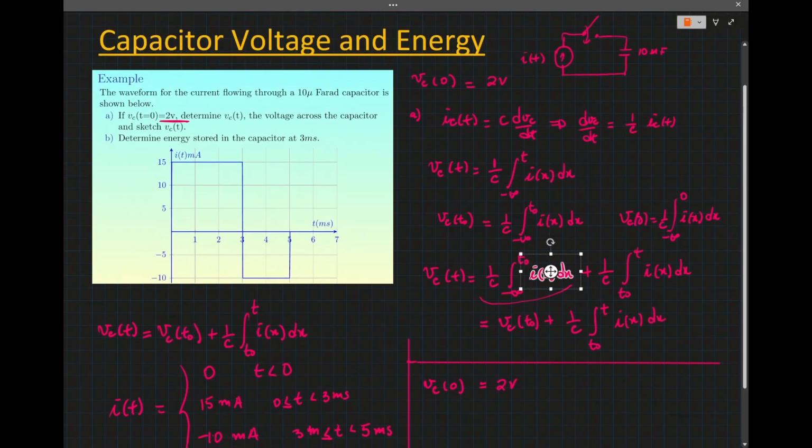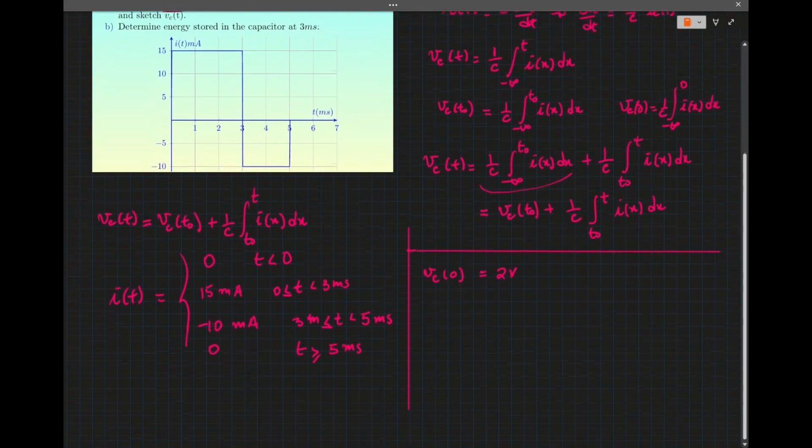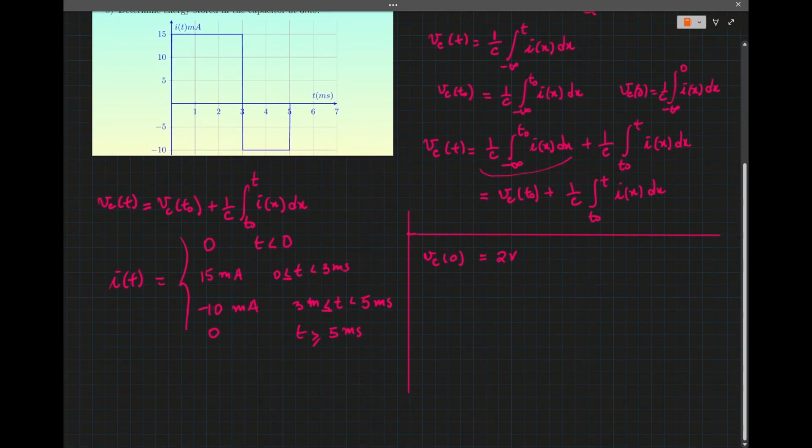Initially there were 2 volts across the capacitor. Now what we want to do is find it for the interval 0 less than or equal to t less than or equal to 3 milliseconds.